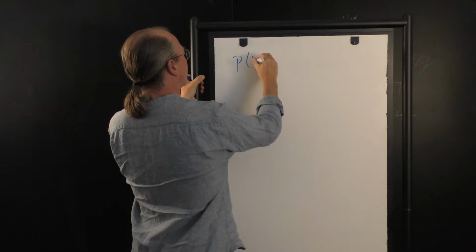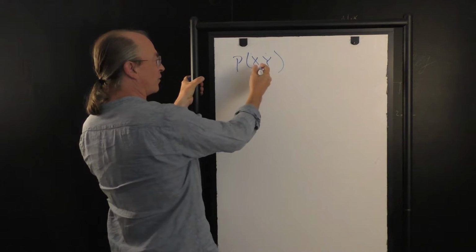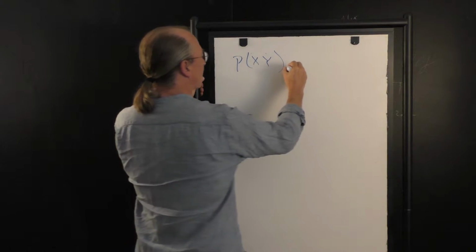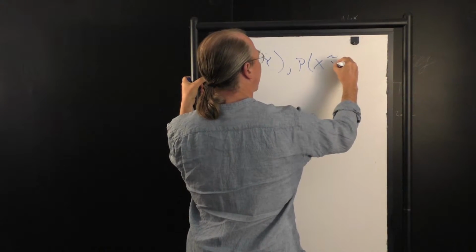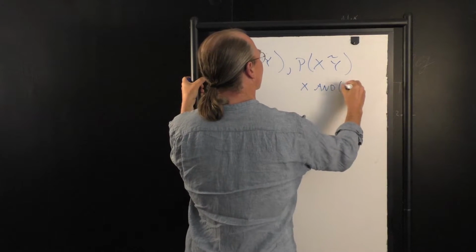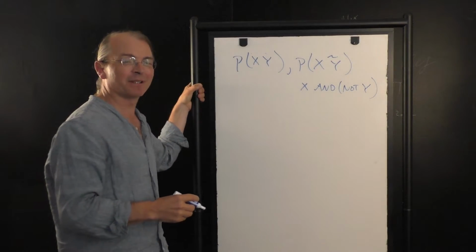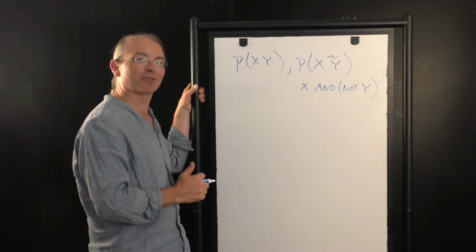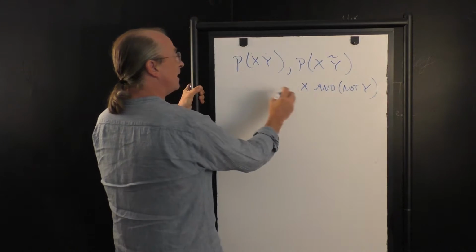So we have the probability of x and y, and this tells you the probability that it's sunny and it's raining. We can also look at the probability of x and not y. Again, using our notation introduced to us by the famous husband of the daughter of the Surveyor General of the British Raj, George Boole, married to Mary Everest.